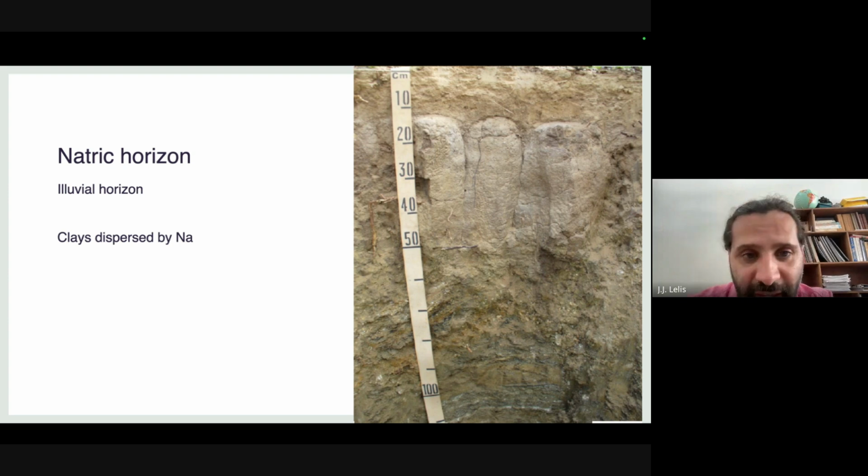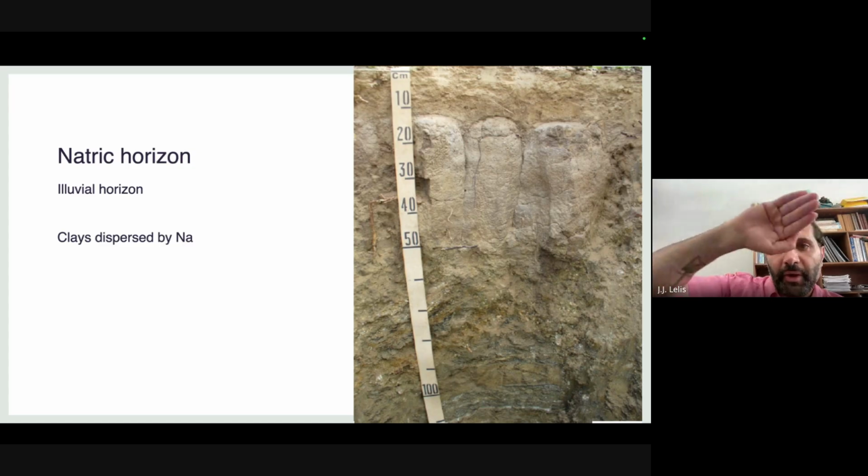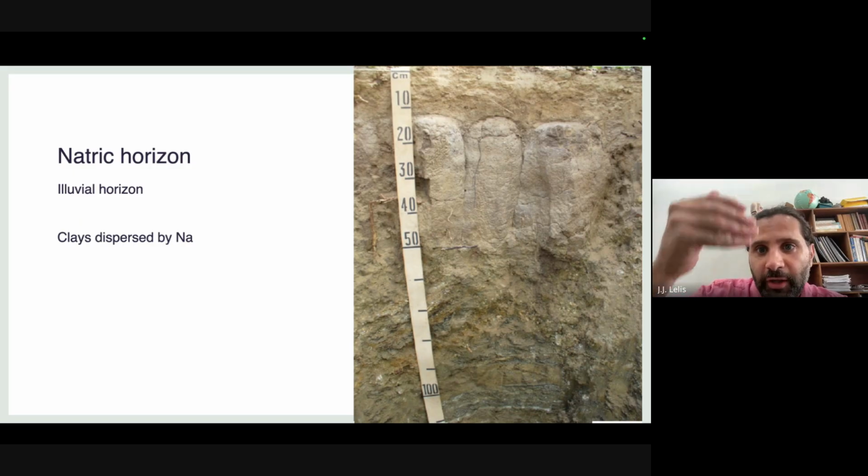In the case of Candic horizons, these processes are more connected to clay destruction or clay production and eluteration or horizontal migration of clay. So clay is removed from that soil, but the clay is not migrating from the surface to subsurface horizons. Okay.